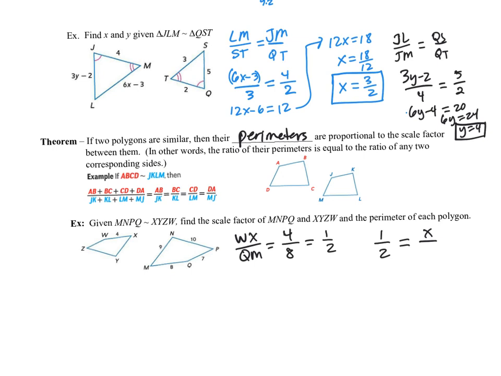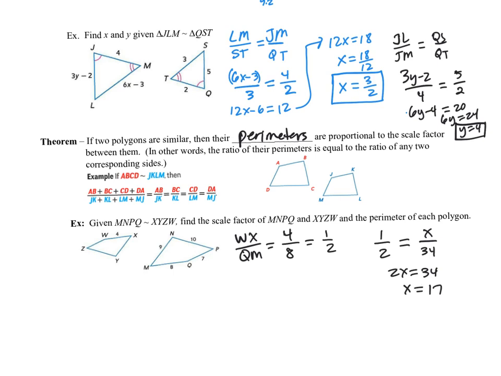I can find the perimeter of this big one just by adding these four sides. 9 plus 10 plus 7 plus 8 totals 34. So you can see I've written a proportion that shows that the scale factor, the ratio of any two sides, is equal to the ratio of their perimeters. So now I can cross multiply and solve. So I would get 2x is equal to 34, so x is equal to 17.